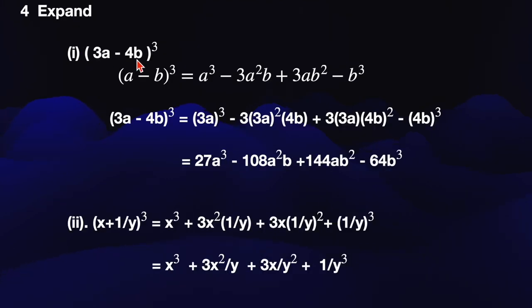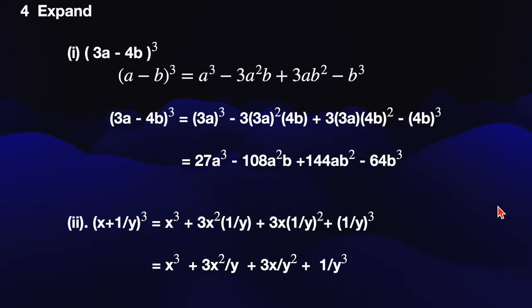Expand. These are all simple sums. Just write down the general formula for this and substitute A as 3A, B as 4B and write it down. You will get the answer. Here also x cube plus 3x square into 1 upon y plus 3x into 1 upon y whole square plus 1 upon y cube.